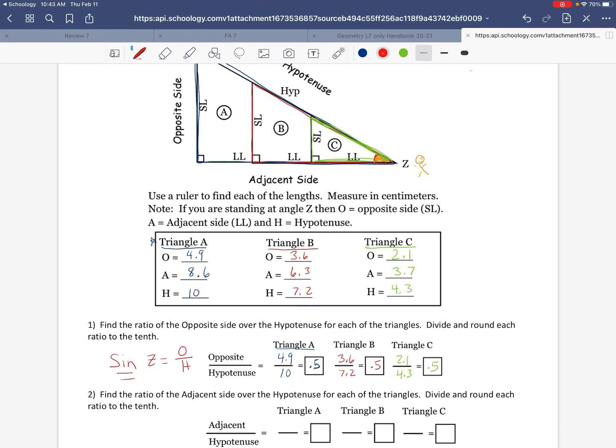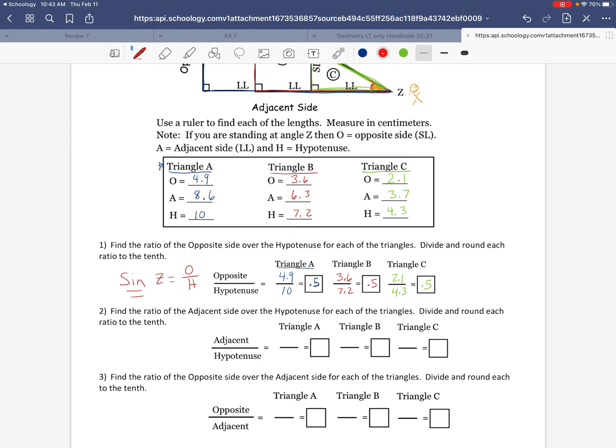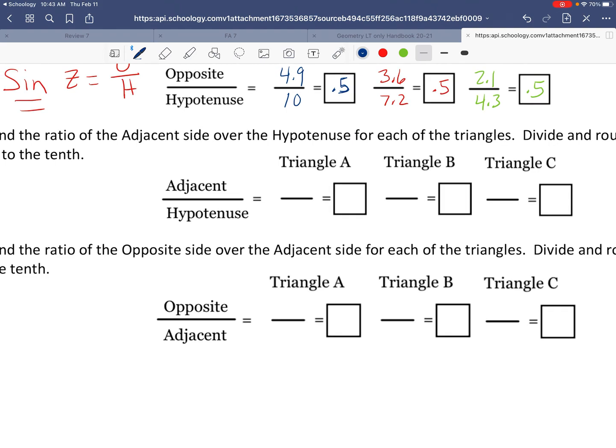Pause the movie, fill out your content for numbers 2 and 3, and then press play when you are finished. Okay, for 2, 8.6 for triangle A. This gives me about 0.9, and this was 4.9, 8.6.